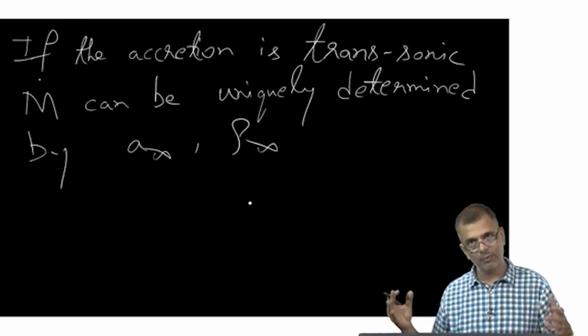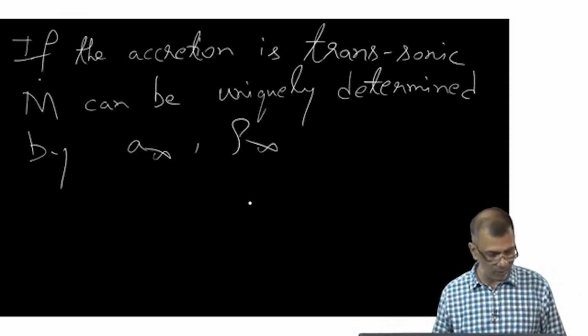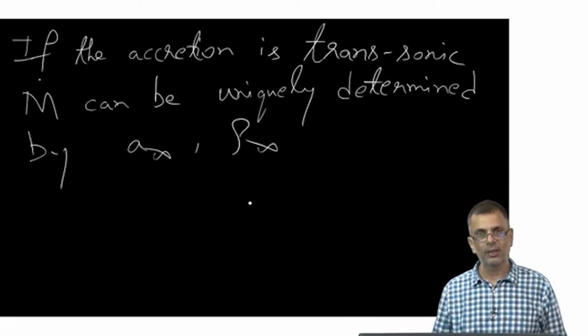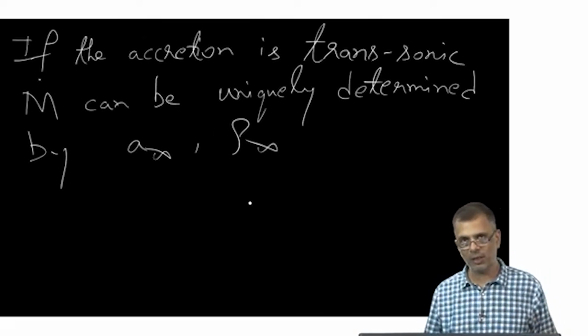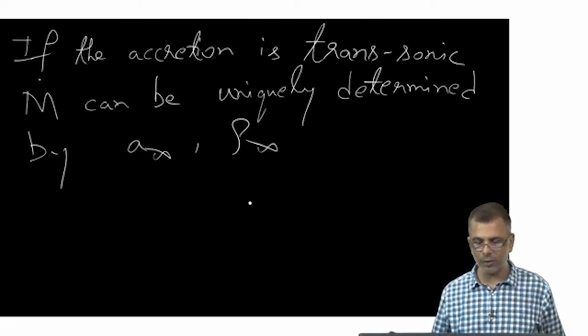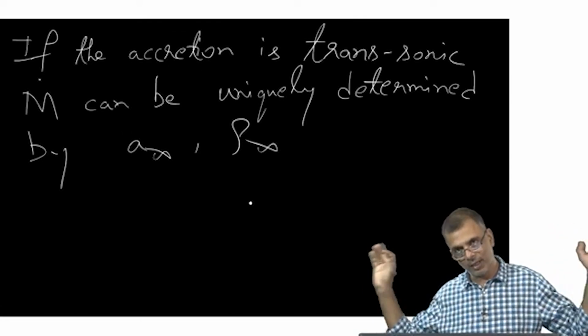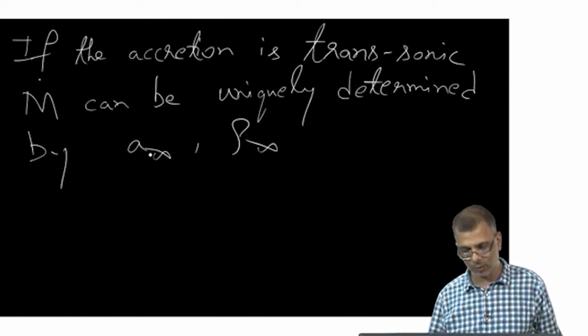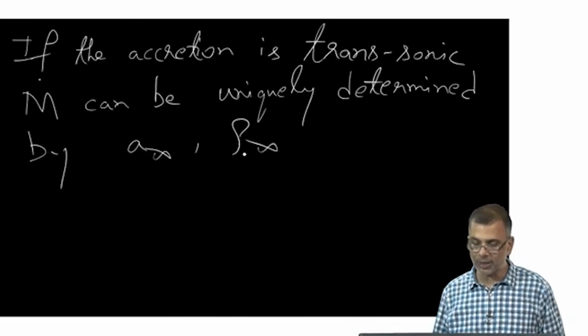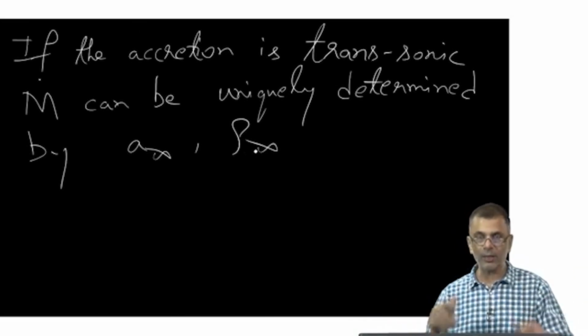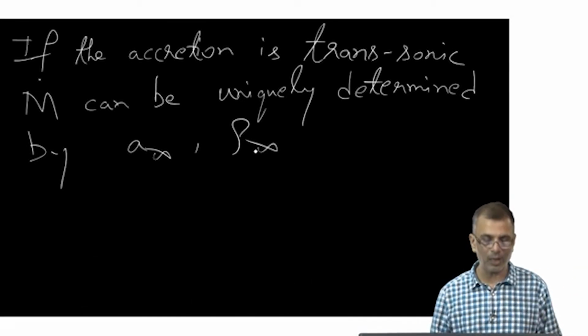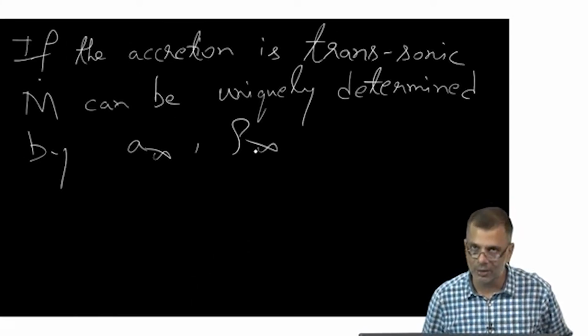You give me gas that is pretty much stationary at infinity, and you tell me what the sound speed is at that very large distance, and you tell me what the density is at that very large distance. I will immediately tell you what the m dot is.